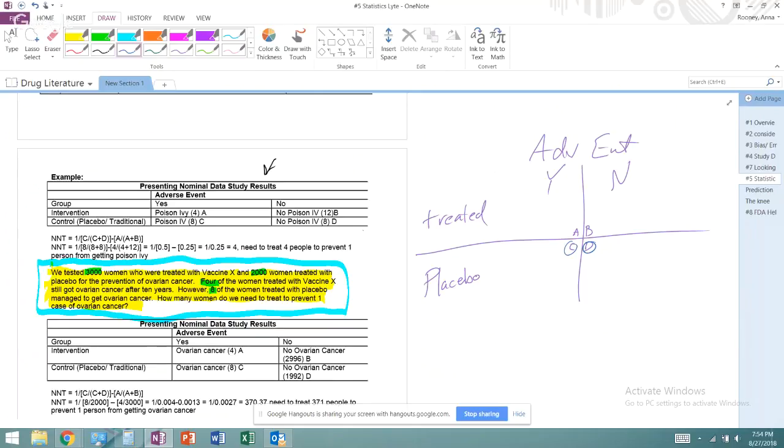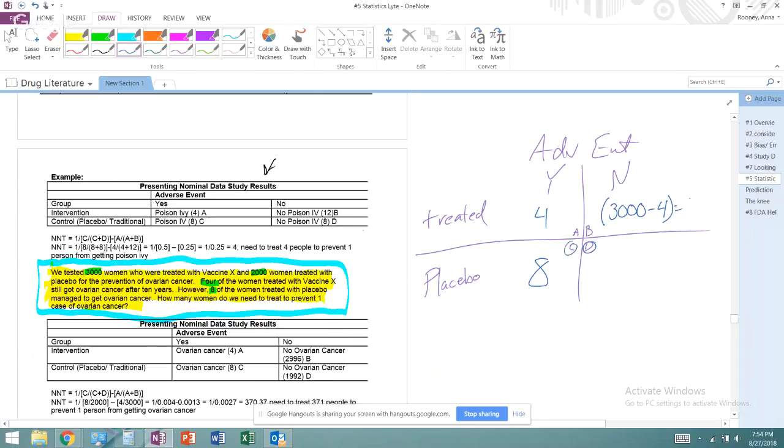So 4 of the women that were treated got the adverse event. So 4. Those were treated. However, 8 with the placebo also got an adverse event, which that adverse event is cancer. So which ones did not have an adverse event? So the ones that were treated were 3,000, and you have to take out the ones that had the adverse event.